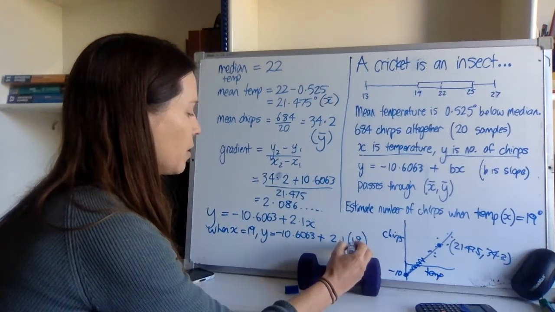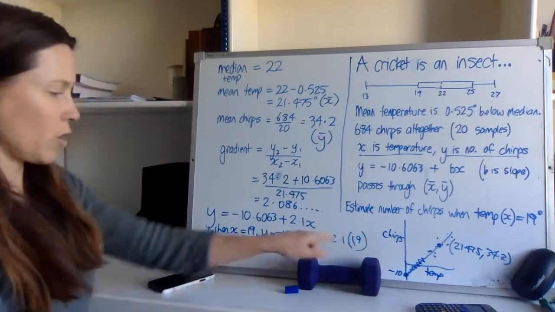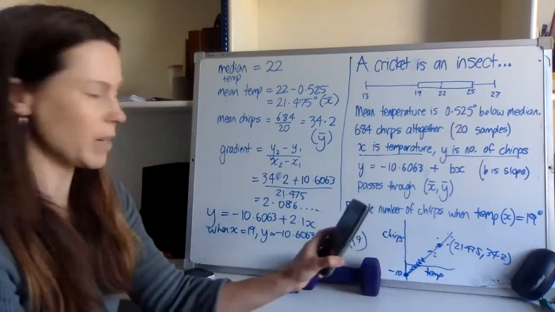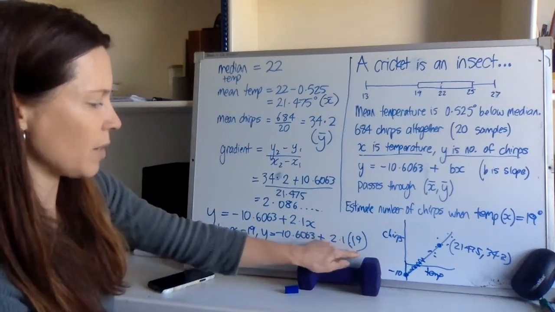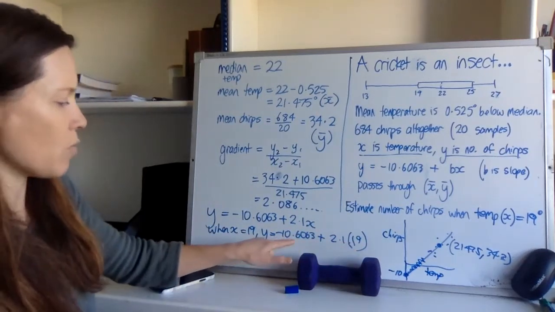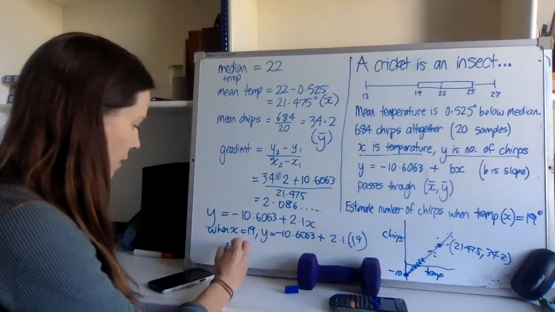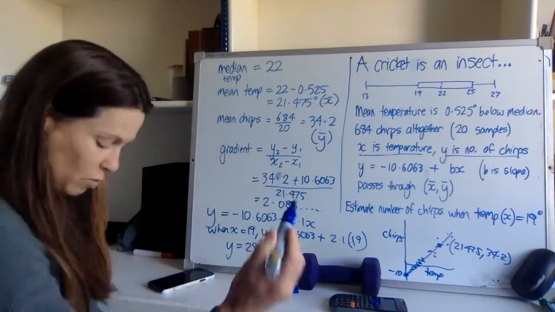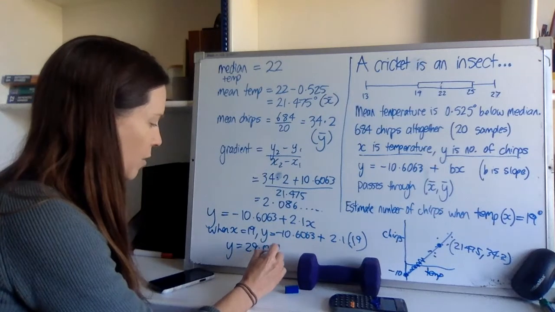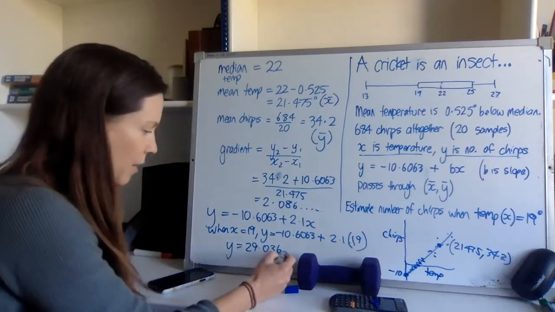So I've got my numbers stored in there. I need to just multiply it by 19, subtract 10.6063, and the number that you're going to get is 29 point something, quite small. I had 0.036 and I did it exact, and that went on and on.